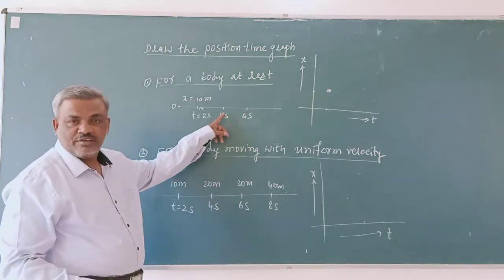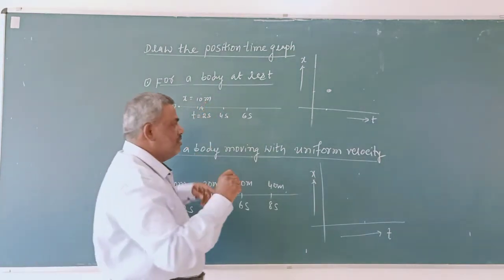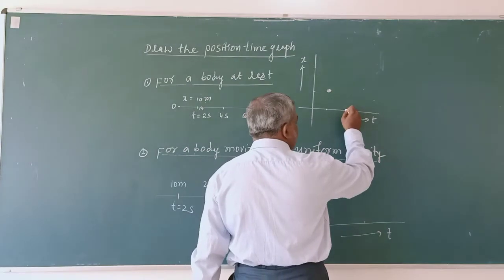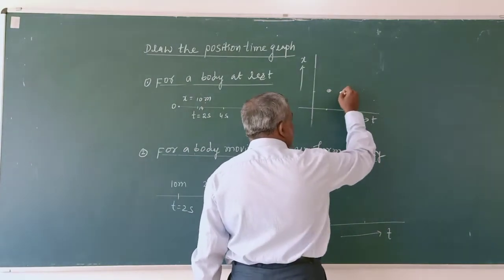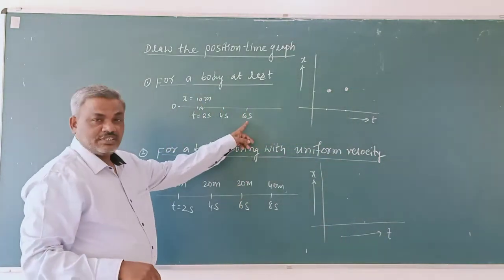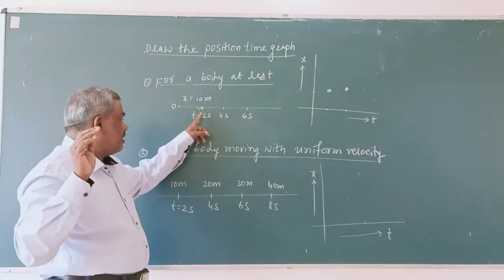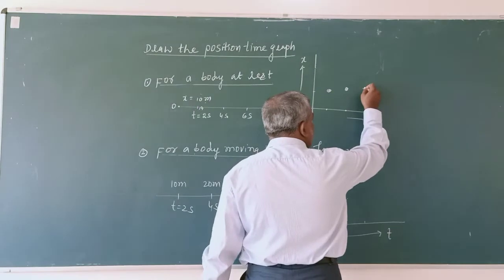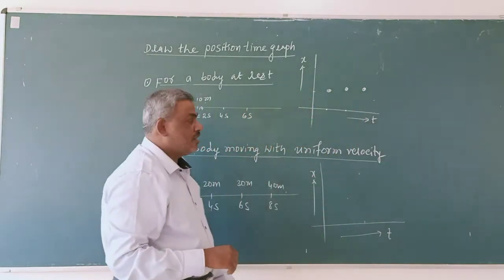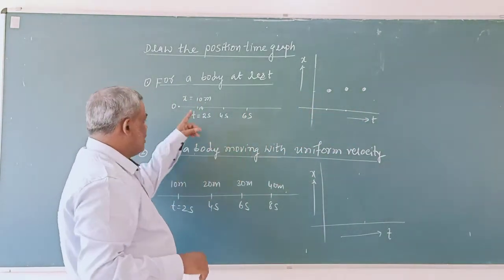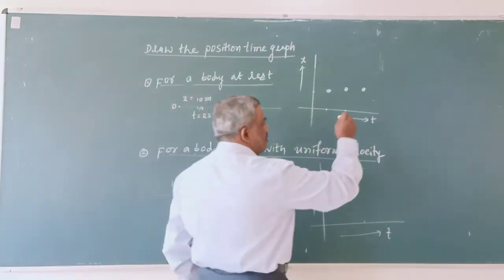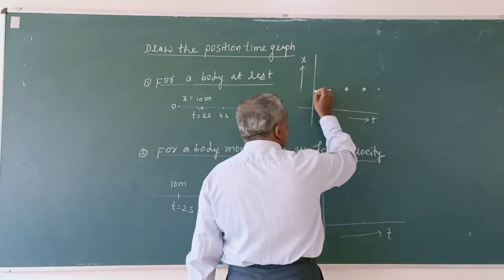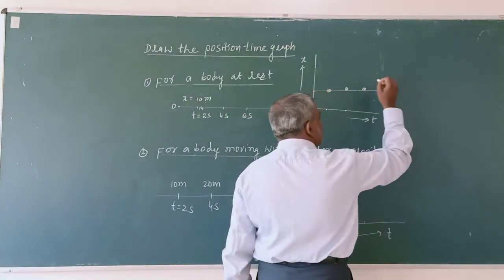After 4 seconds, the body has covered the same distance, 10 meters, so mark the point here again. After 6 seconds, the body is at A, covering 10 meters. After 8 seconds also, the same distance, 10 meters. Now we join these points.